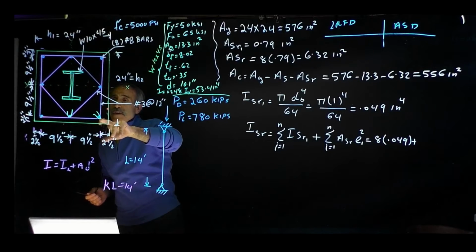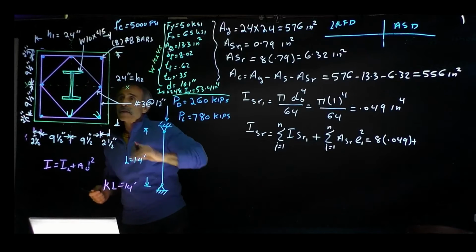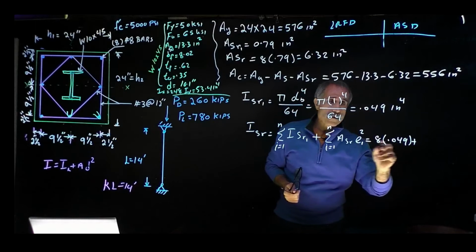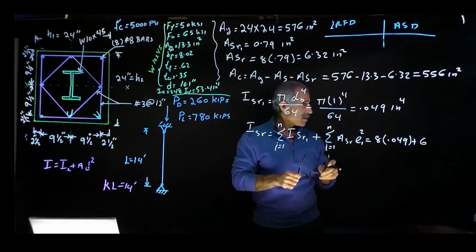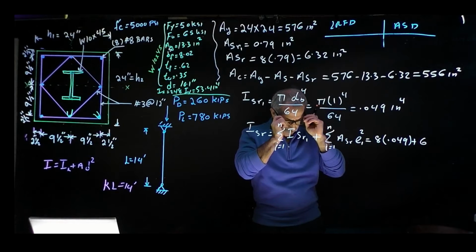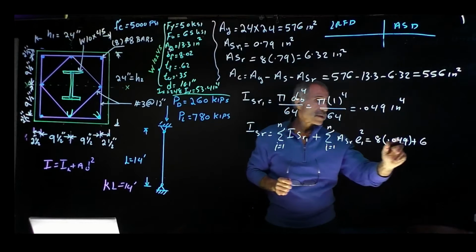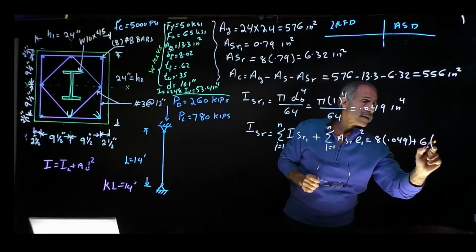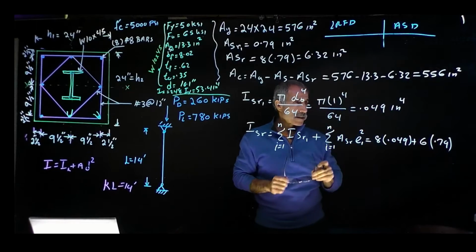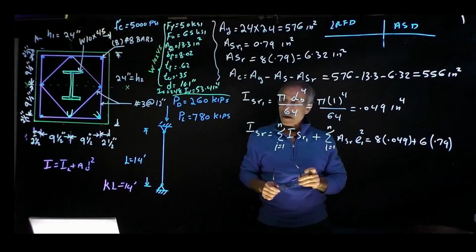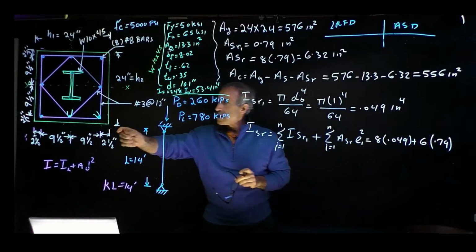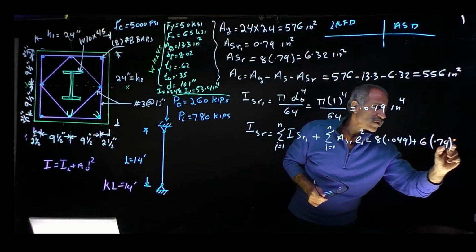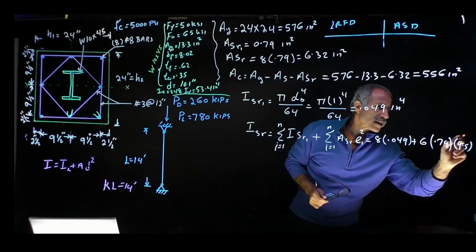So if we're doing the x one, let's find out: 1, 2, 3, 4, 5, 6 of these have a distance from here to the y. So we're going to have 6 times the area, 0.79, times our E or D, which comes out from here to there as about 9.5 inch, so times 9.5, and that is squared.